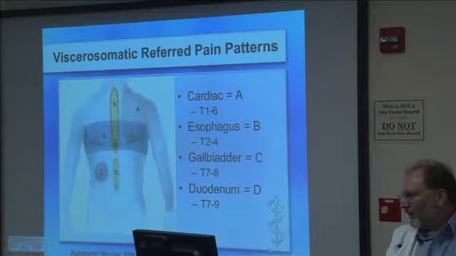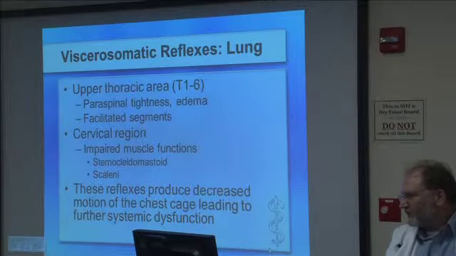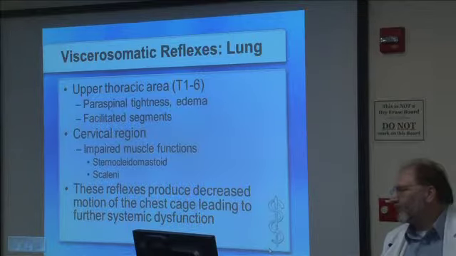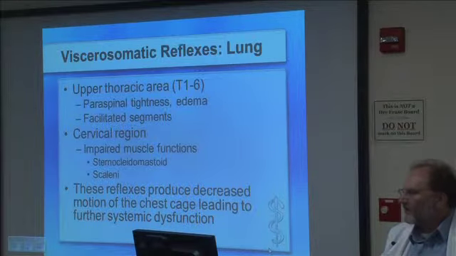All right, so again, we have a visceral referral pattern. So when we think about the lungs, we're thinking about the tight paraspinal muscles, edema, facilitated segments. Facilitated segments is a fancy word that it's being stimulated from both ends.